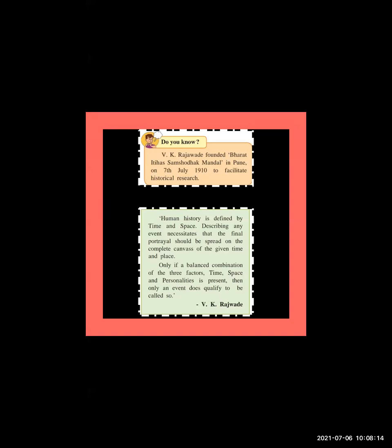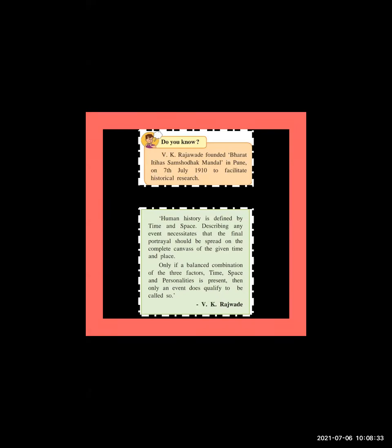And again, human history is defined by time and space. What V.K. Rajawade said is that human history is defined by time and space. It changes according to time and space. Space means what here? Place.